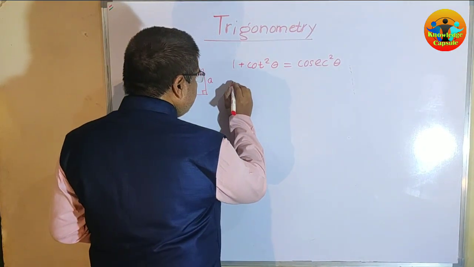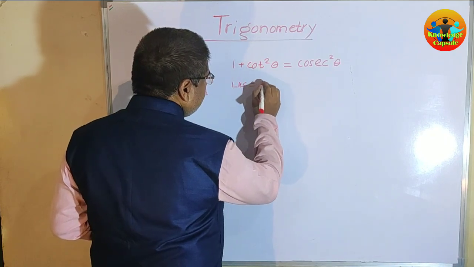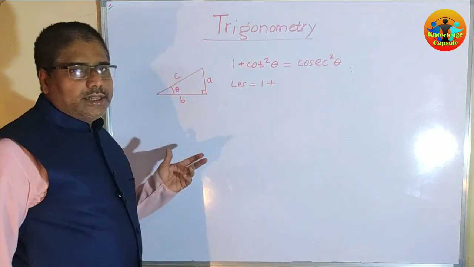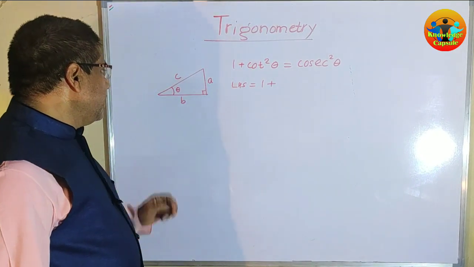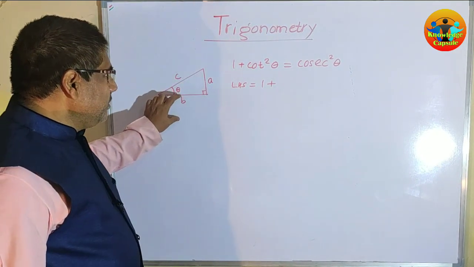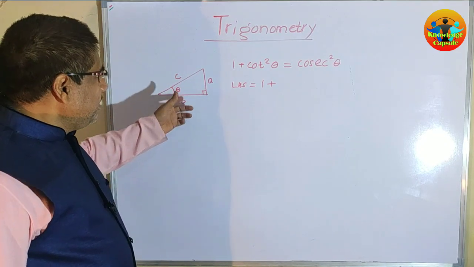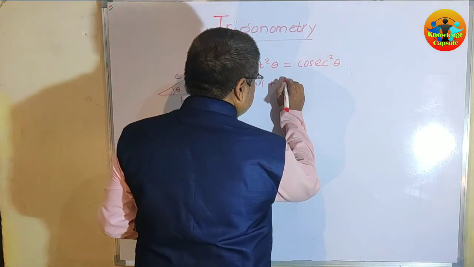Again, let us take the left hand side of the equation. LHS is equal to 1 plus cot square theta, where cot is the reciprocal of tan theta. Here in this triangle, tan theta value is A upon B. We want cot, therefore we will take B by A and square of it.